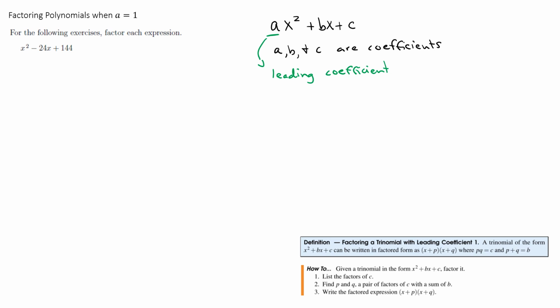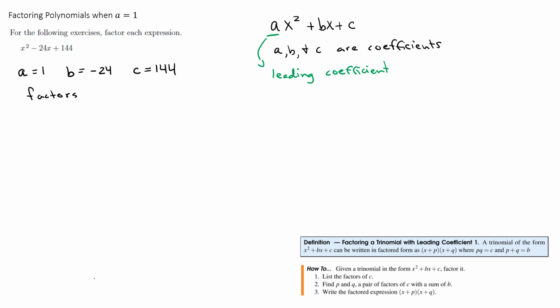So we want to list the factors of c, and then we're going to find a pair of those factors that sum to b. So we've got 1 and 144, and we need this to be positive. We've also got negative 1 and negative 144.